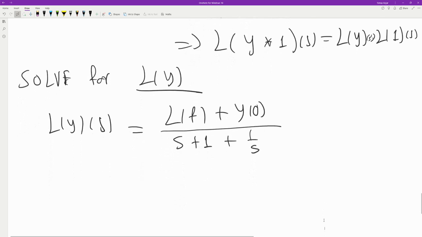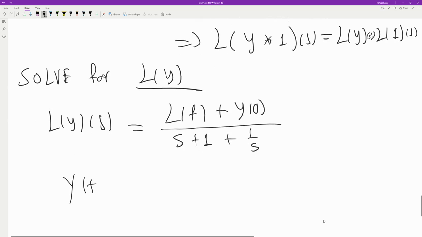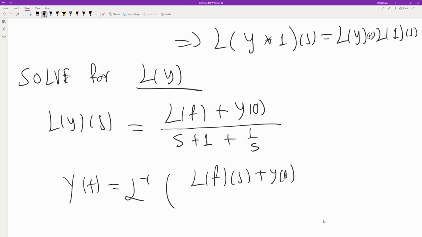Okay, so the question is find y(t). Which is this.